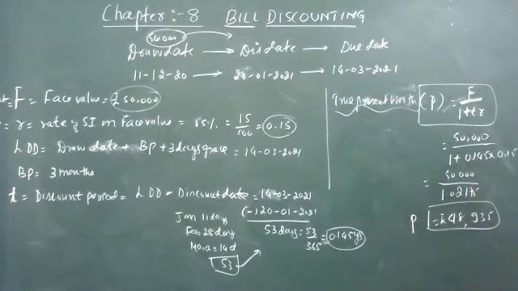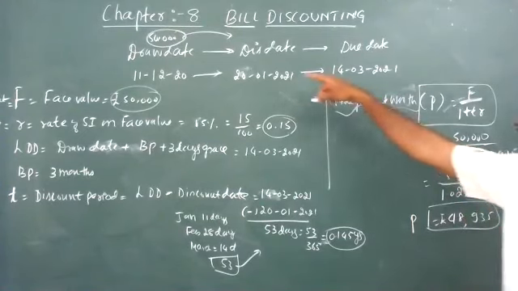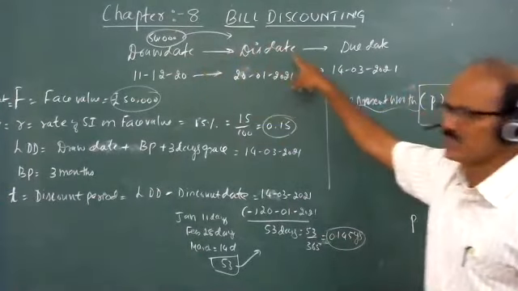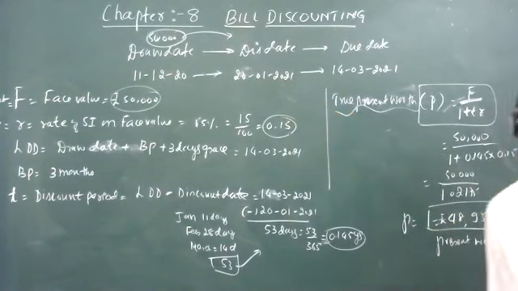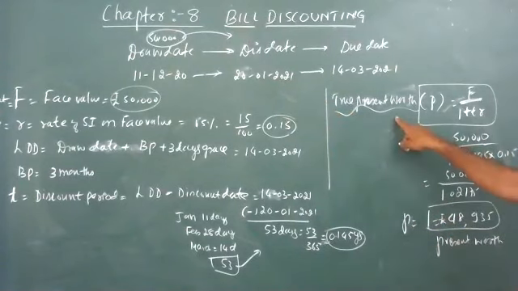So the amount we got is 48,935. This is the present worth. P is called the present worth. Present worth means the amount on this discount date. So how do you get the present value?